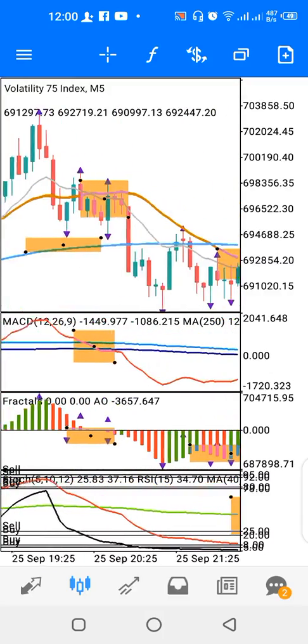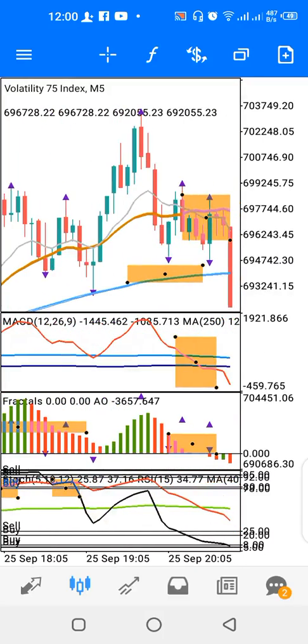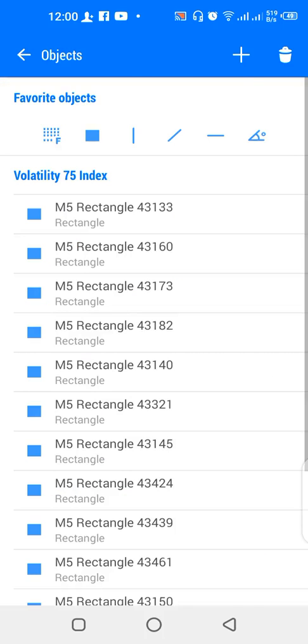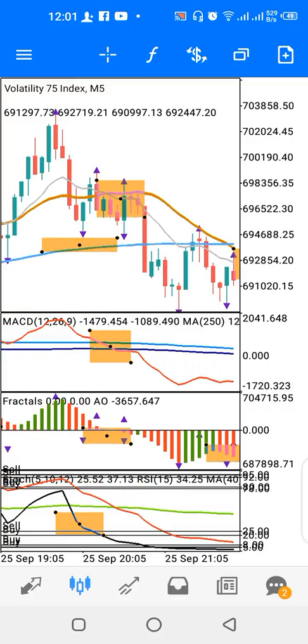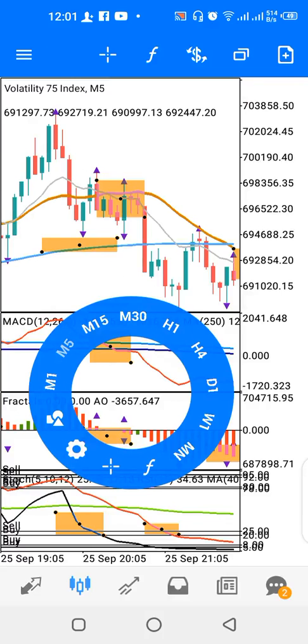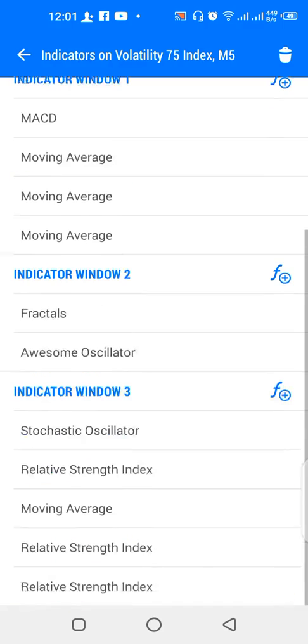Then when you have the black line crossing below the green line and then touching the 20 level, you have your confirmation. And just like the way it happens when you're buying, start to round up, you sell when the red line touches the 20 level.